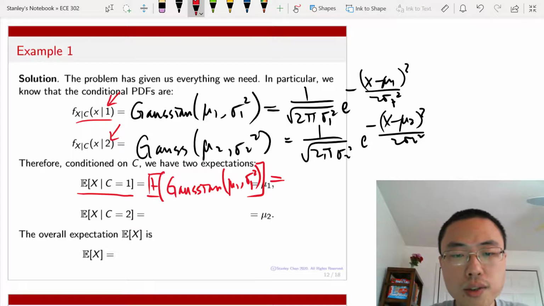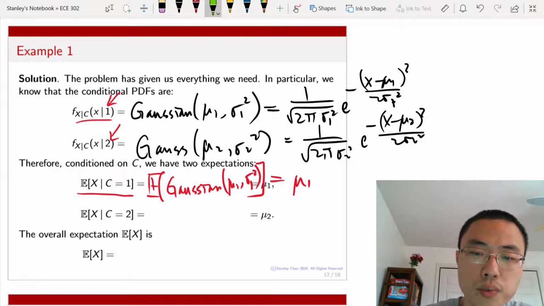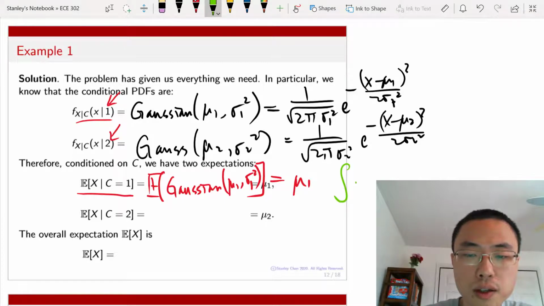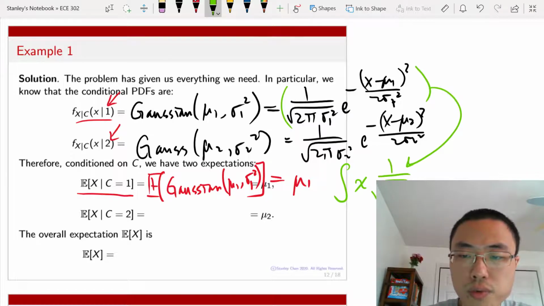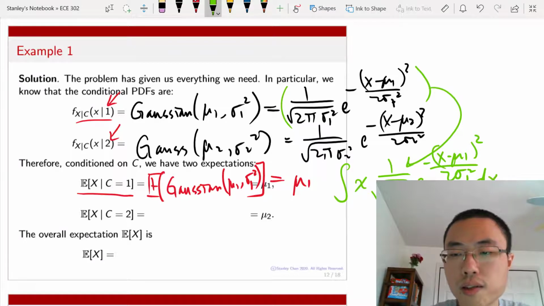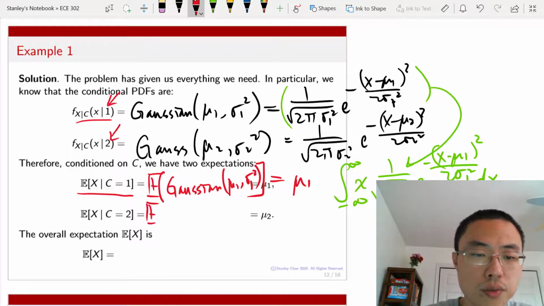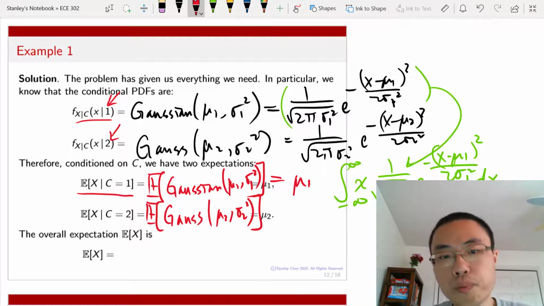Since you're looking at this Gaussian, it will be mu1. If you really want the formula, it will be an integration of x times this PDF, which is 1 over root 2 pi sigma1 square, e to the minus x minus mu1 square divided by 2 sigma1 square, dx. If you plug in this calculation, you will be able to find mu1. The other case, of course, will be Gaussian with mu2 and sigma2 square, and you'll be able to get mu2.